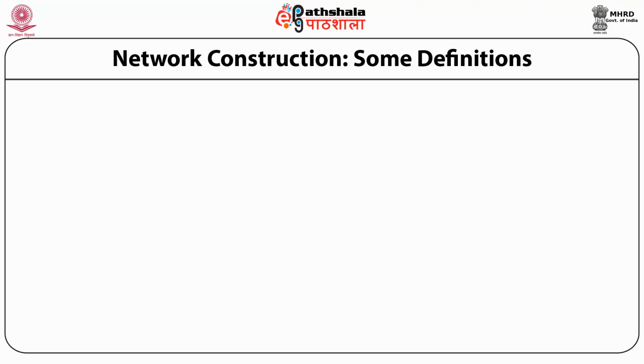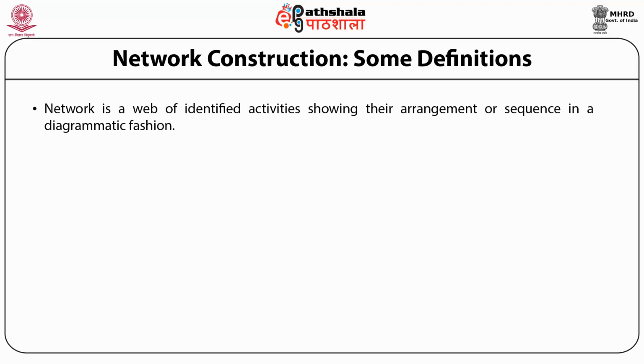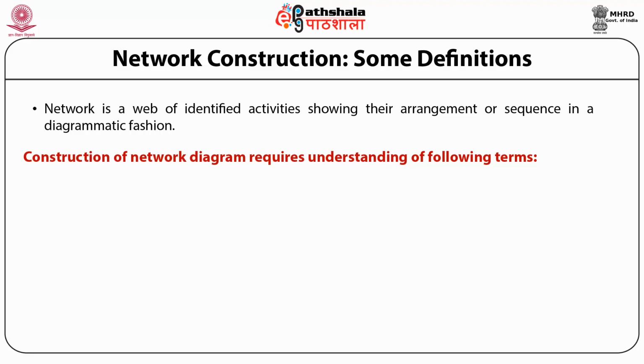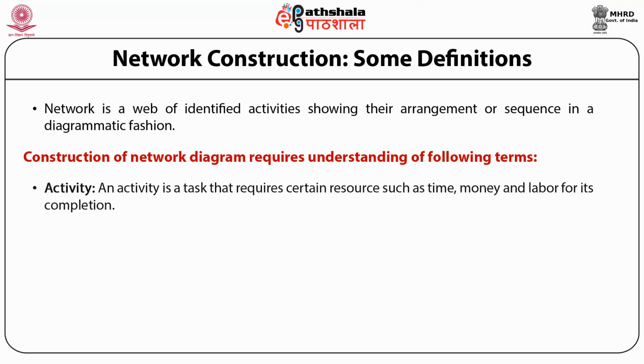Network construction, some definitions. A network is a web of identified activities showing their arrangement or sequence in diagrammatic fashion. Construction of a network diagram requires understanding of the following terms. Activity.